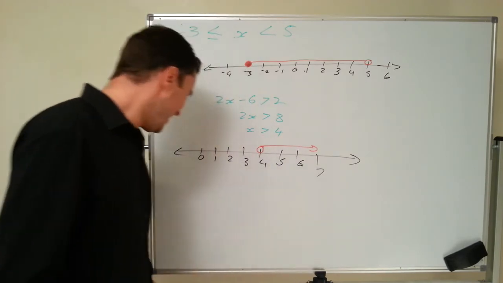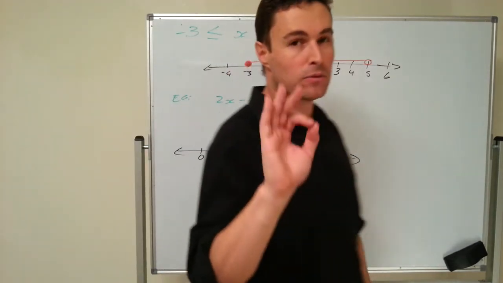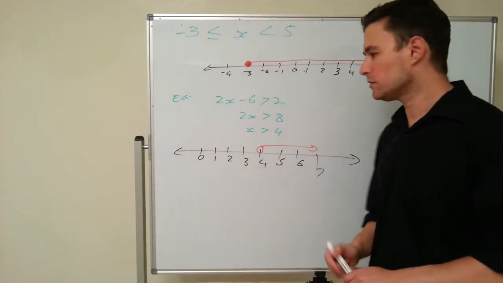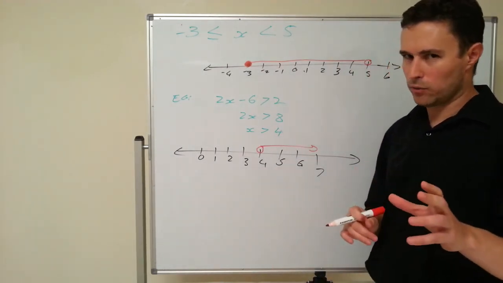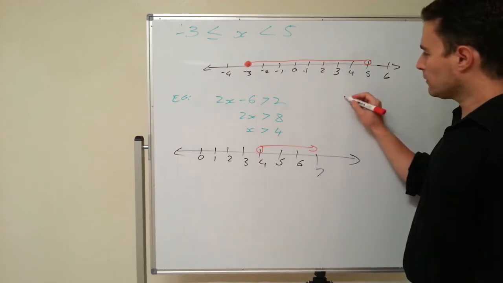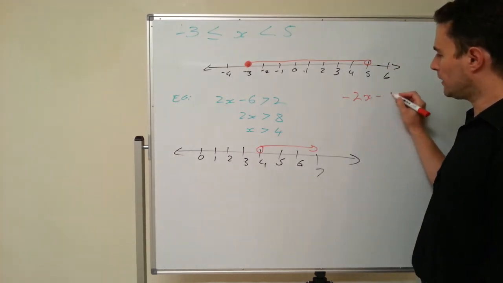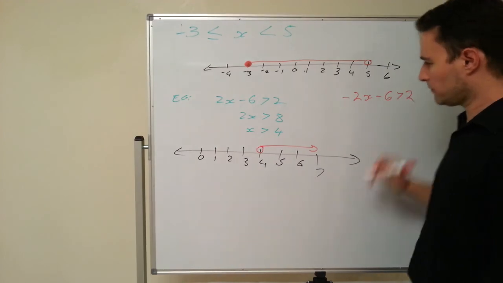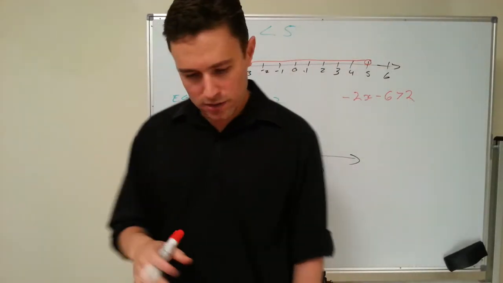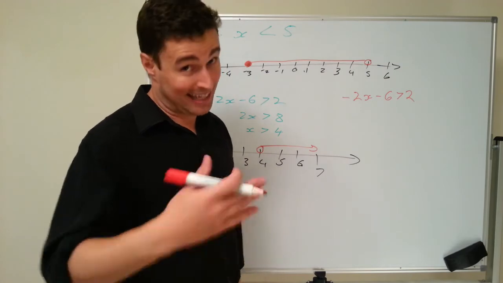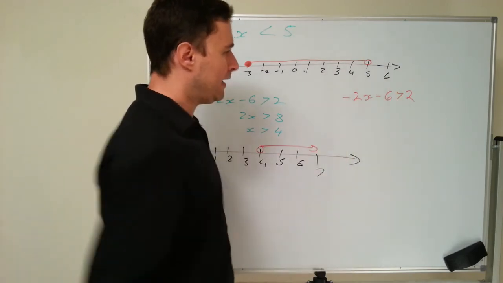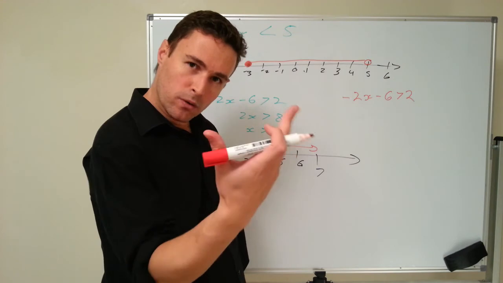Alright. Let me just quickly show you something that I just want to add on to this. It's not on my notes, but it's one small thing that you have to just worry about when working with inequalities. If I've got this, minus 2x minus 6 is greater than 2. The only thing you have to remember, this is extra to my notes, and I'll probably put it on a little bit later as I get around to it, is when I divide by a negative, the only thing you have to remember is the inequality flips.